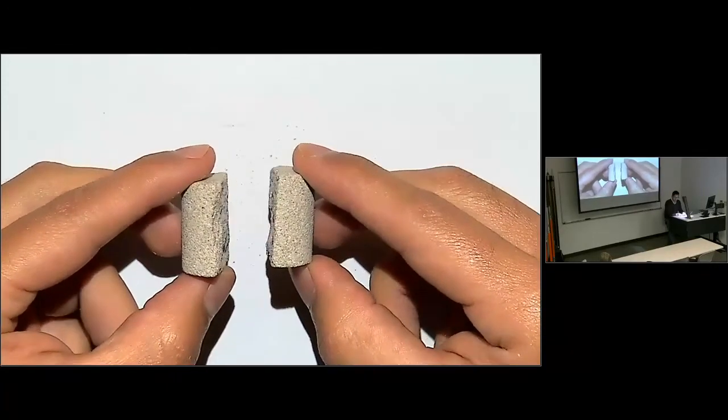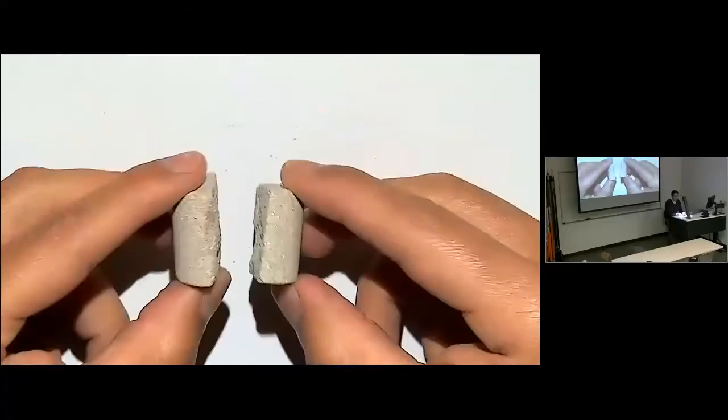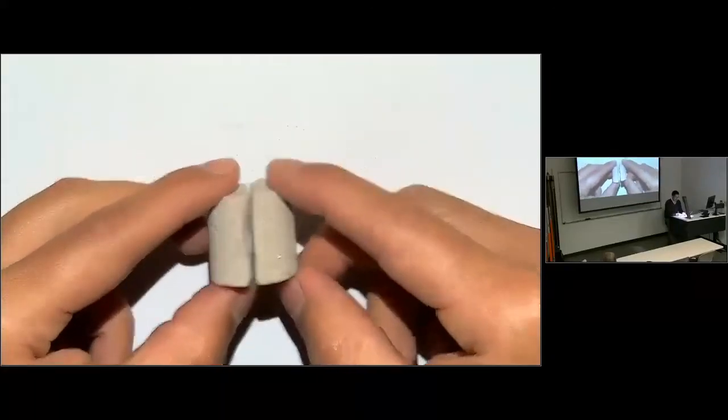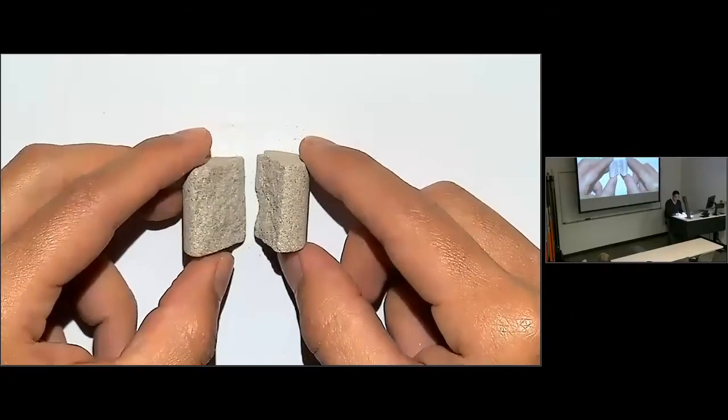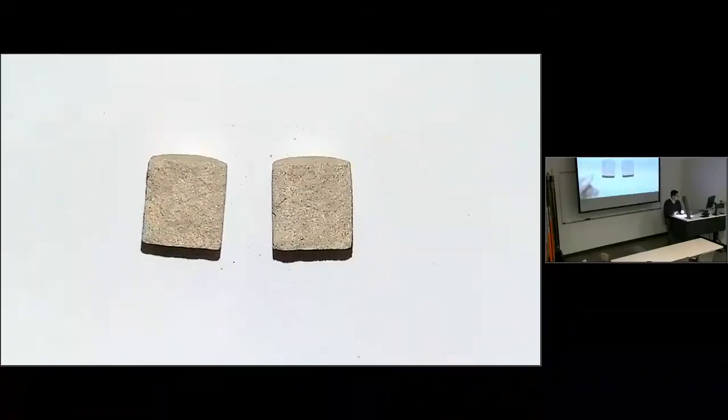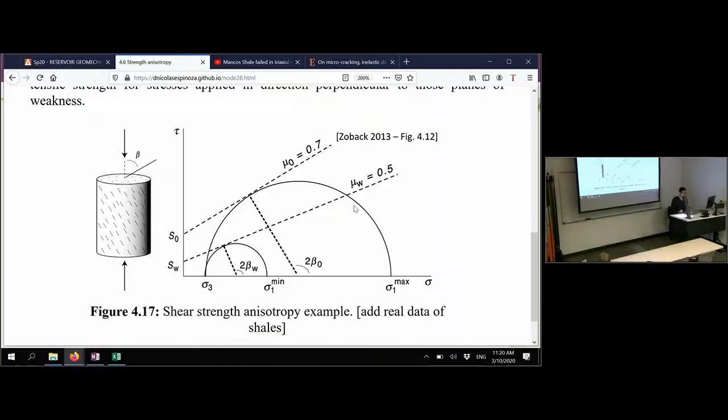So in tension and in shear, and also in compression, rocks tend to be anisotropic. We're not going to deal much with anisotropy in this class because it makes equations a lot more difficult, but remember that rocks are anisotropic, and if you get to work in geomechanics, you're going to have to consider that.